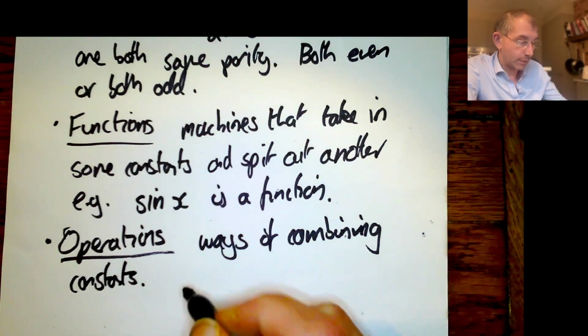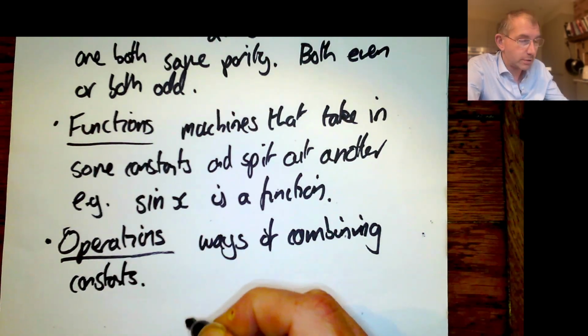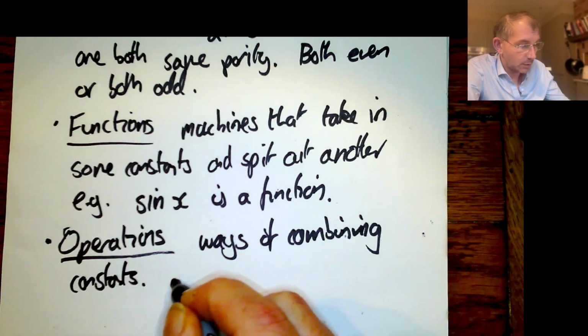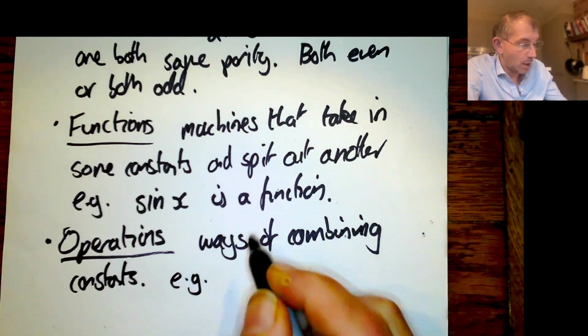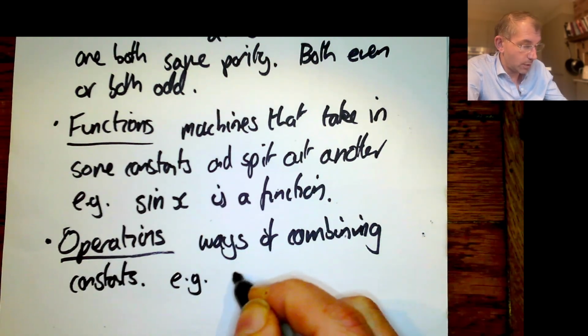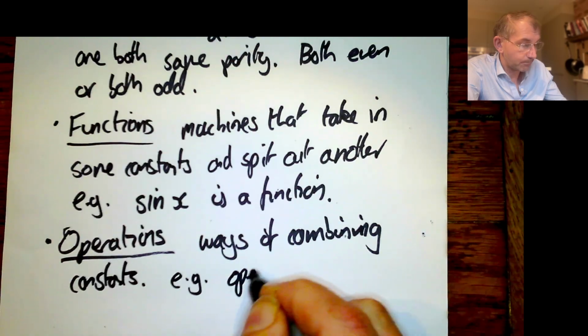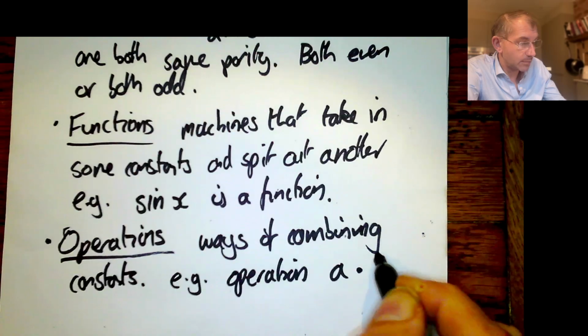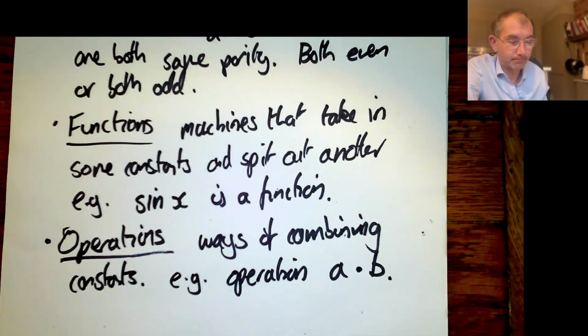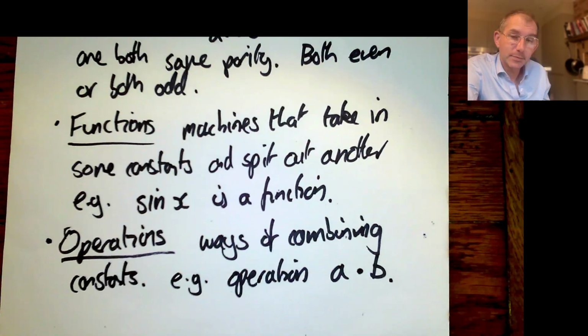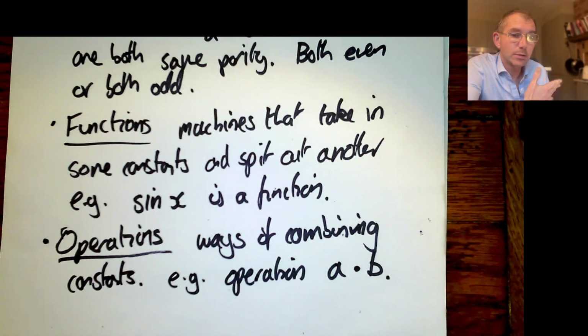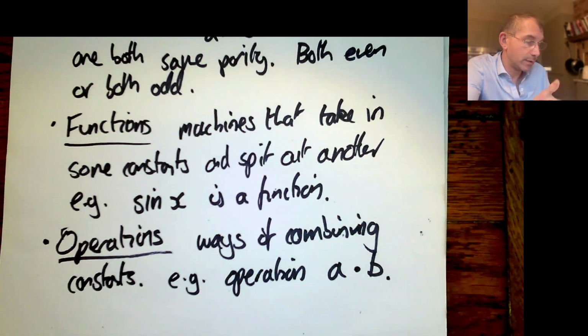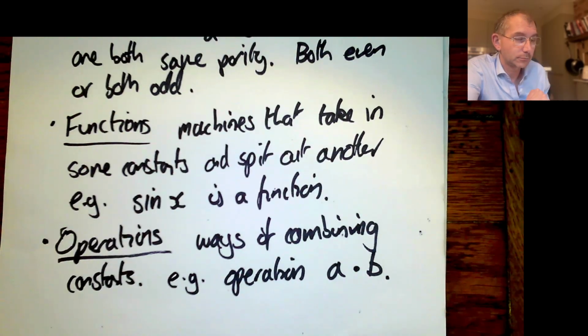So for example, the operation of multiplication, e.g. the operation A times B. Or another one could just be A times A, which we might write as A squared. Or if it's X, then X squared. And then we can also combine things by addition.